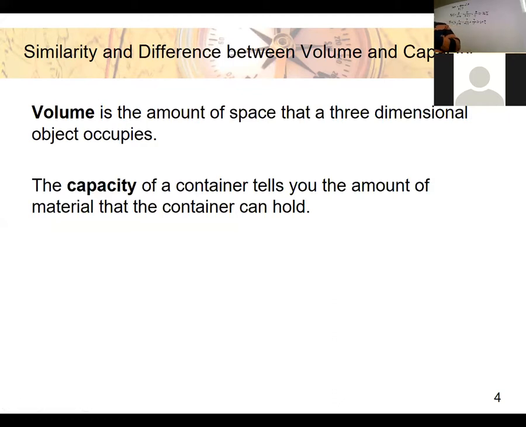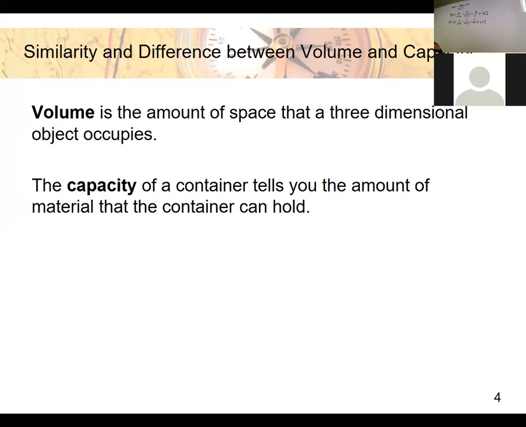Now, volume is going to be the amount of space that a three-dimensional object occupies. Like, let's say a box, I know that's pretty much a prism. The space in it is considered to be volume. It's the amount of space that the object can contain.